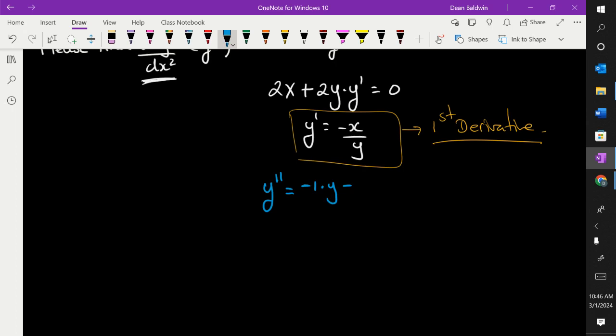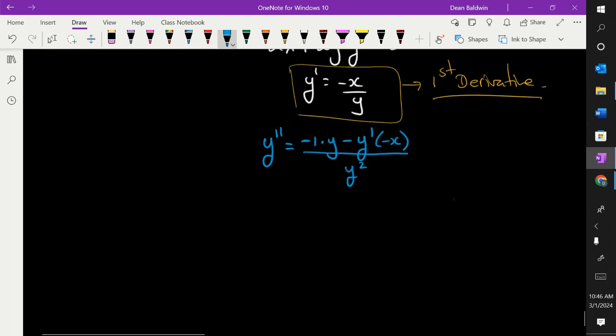Y prime, times the first function, which is negative x, divided by the bottom function squared. Are we okay? Okay.